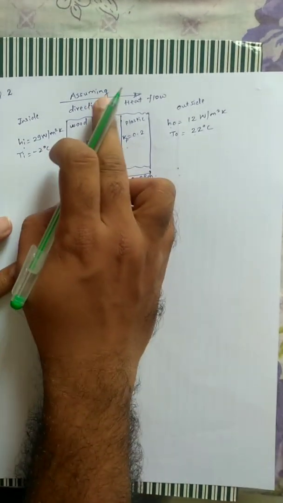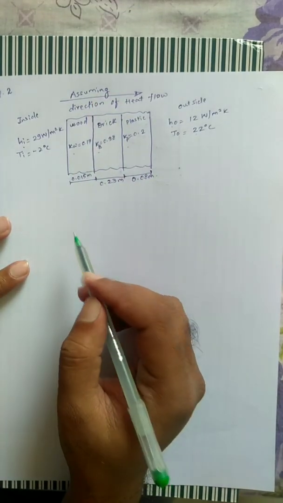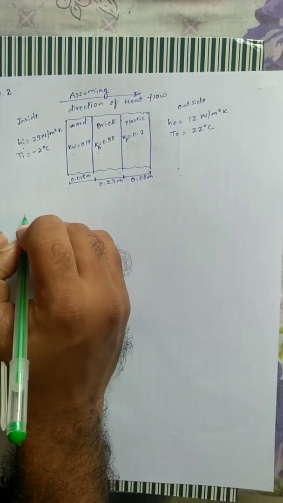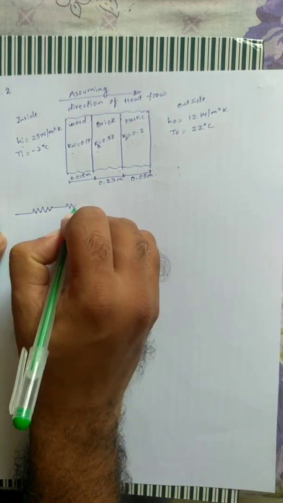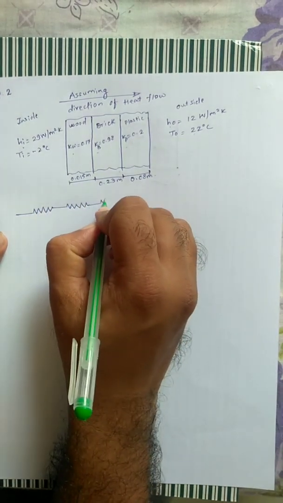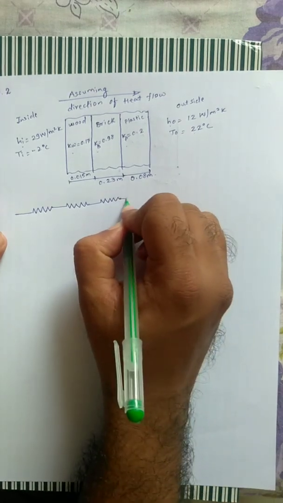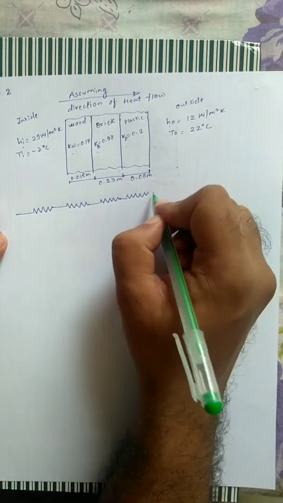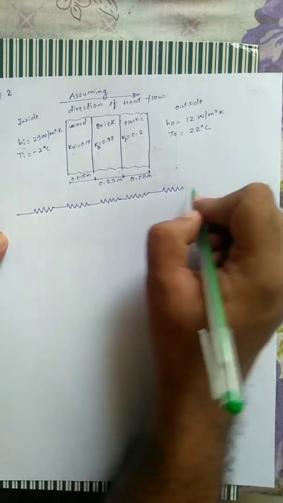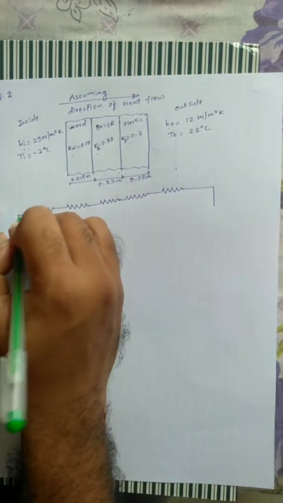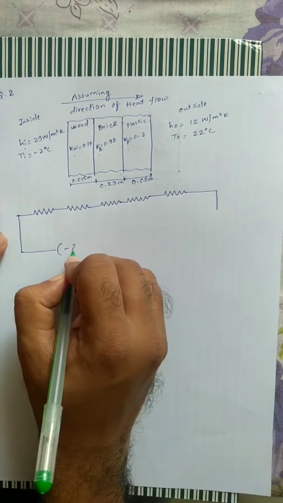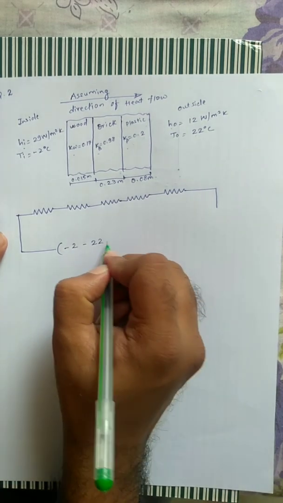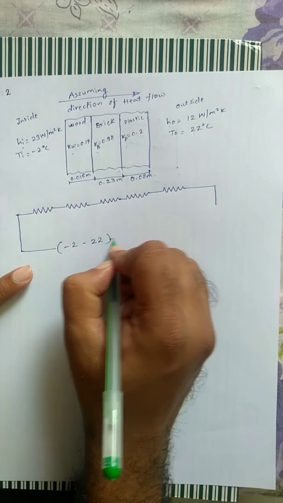Its consequences will be seen in the answer. Let us draw the resistance diagram for this. So all resistances are in series across a temperature of -2 degrees centigrade and 22 degrees centigrade.